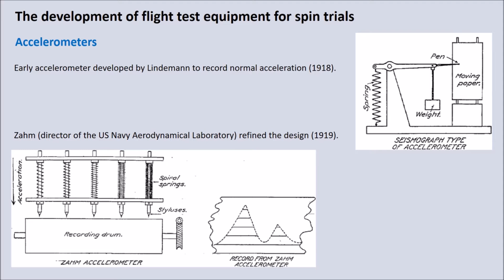So at a certain G loading or normal acceleration, the corresponding spring would compress, which brought that particular stylus in contact with the moving reel of paper. So a very clever design, because you end up with some traces like you can see in the right hand side of the bottom figure there, and then you can just join up the endpoints of those lines to get a pretty accurate trace of normal acceleration.